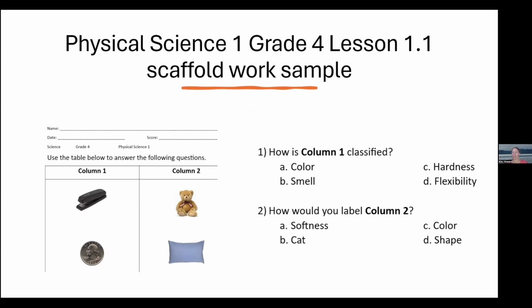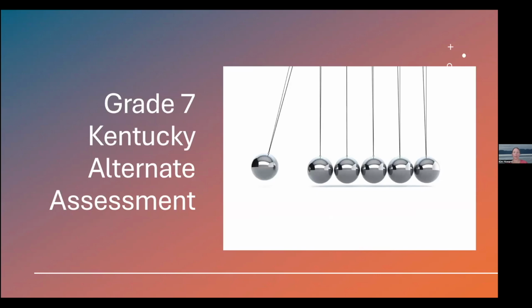What I like about those work samples is that it gives me an idea. Maybe I don't want to use those materials at all. Maybe I use this for one lesson, but then on a different lesson, I pull in my sensory materials. On a different lesson, I pull in different materials. So we're exposing kids to this a few different times so that they have an opportunity to be exposed to the science standard.